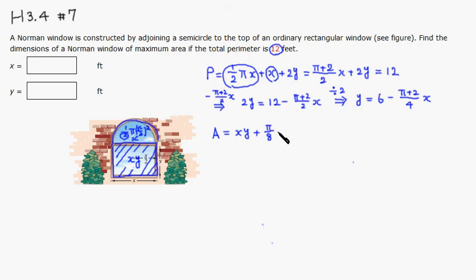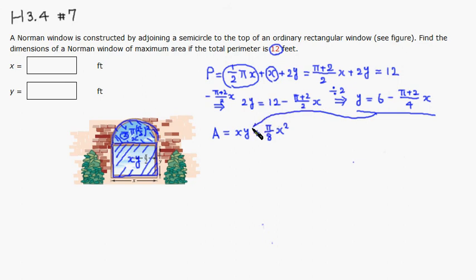Then you have the x squared. That will cover the top portion of the window.